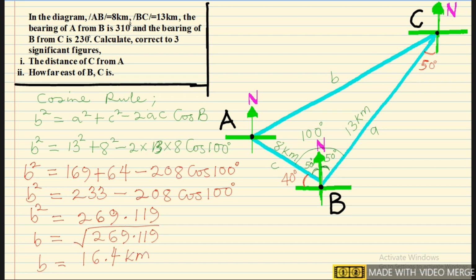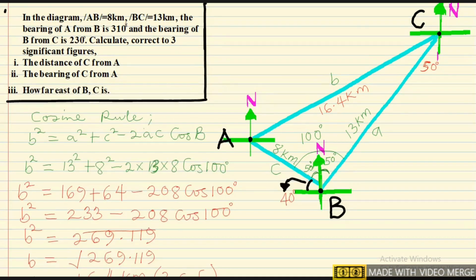We have been told to round our answer to 3 significant figures, so that's why we round our answer to 3 significant figures. That's the first part of the question. So we've figured out that the value of b here is approximately 16.4 kilometers to 3 significant figures.